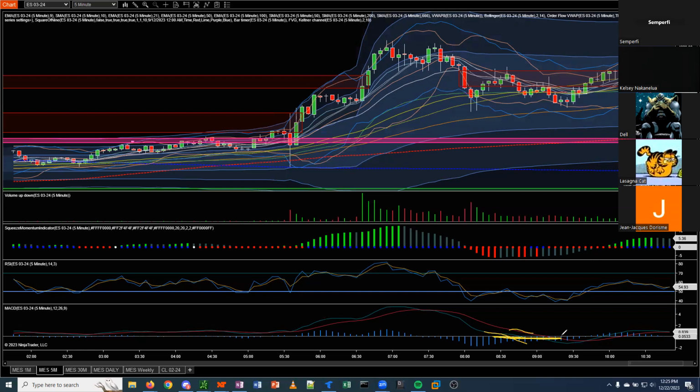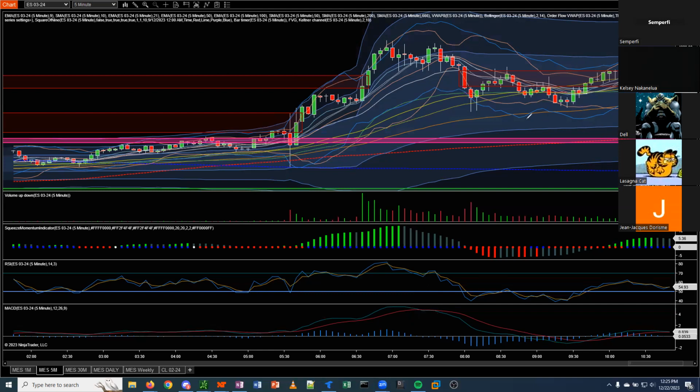So on MACD, to me, there's 2 bearish signals, right? Here's my first bearish signal, the cross, and then there's this bearish cross, where both lines go below the 0. So those are 2 bearish signs to me.